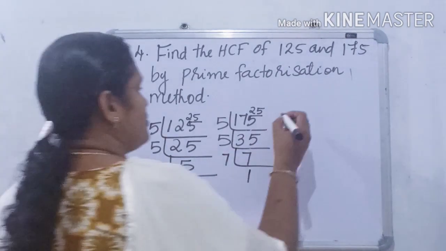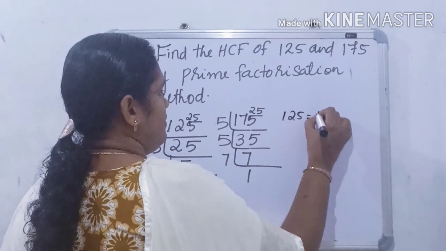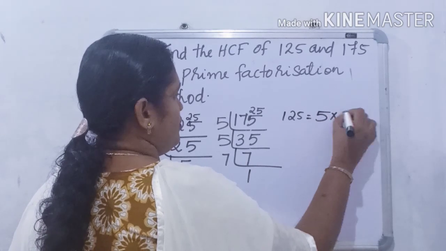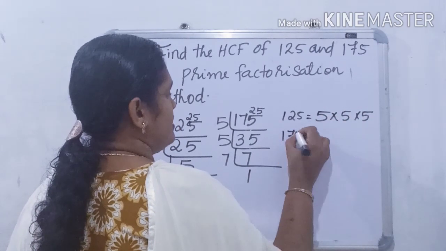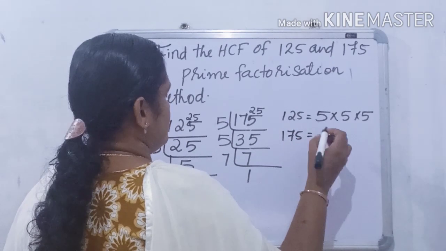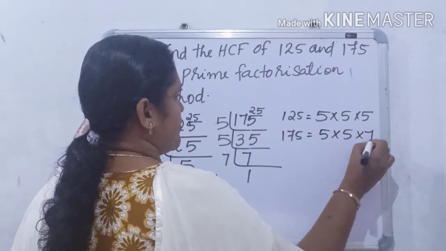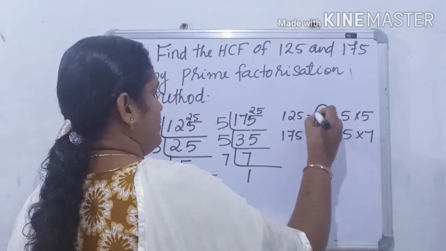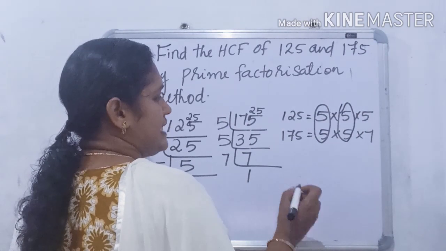Here 125 equals 5 into 5 into 5. 175 equals 5 into 5 into 7. Here we can pair like this. From each pair take 1.